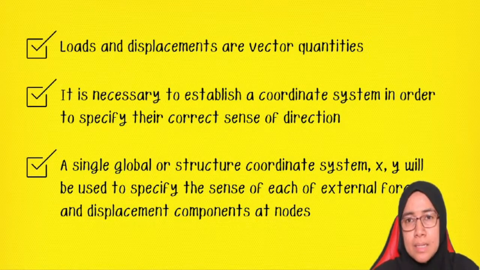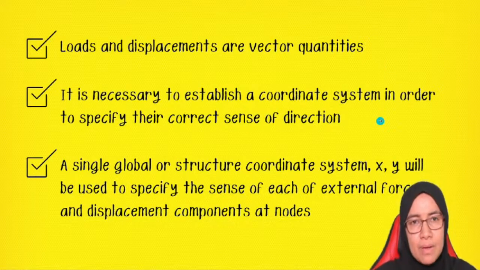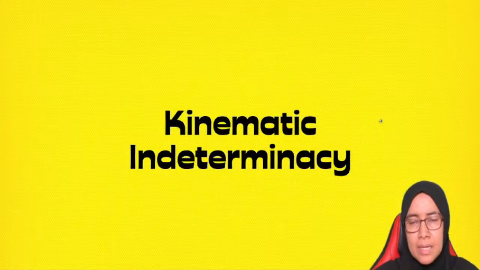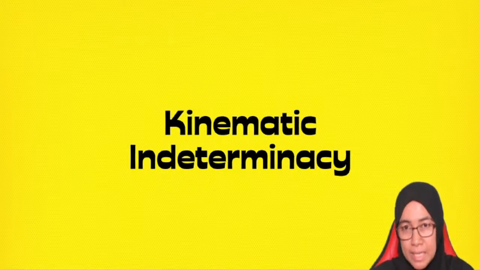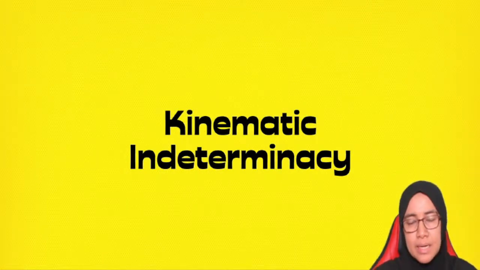So item number 5 that we should put into the diagram, the truss that I have shown to you previously, item number 5 is the coordinate. Number 1 is node number.